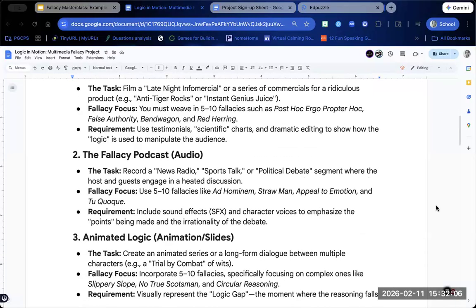Or you could participate in a podcast. And all podcasts do not require groups. There are solo podcasts as well, but you can have your own talk show or political debate or a sports debate or something like that, okay? Or a news clip, okay? Where you want to engage folks in a discussion and you showcase fallacies that way.